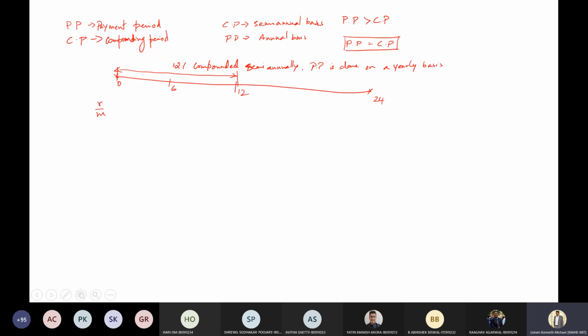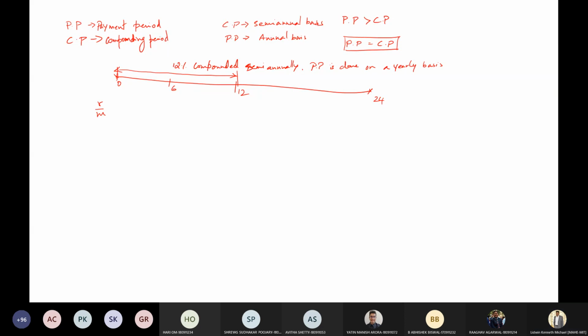You cannot bring the payment to a semi-annual basis. The payment period is restricted, it is fixed, and it cannot be changed as you wish, because you decided from the beginning that the payment period would be annual.